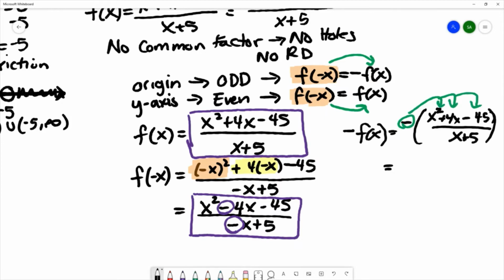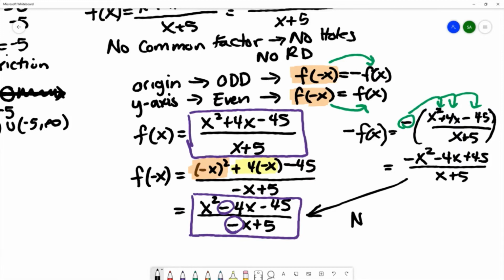If that happens, you would have negative x squared minus 4x plus 45. And that's not the same as this right here. And so it doesn't fit into either category of being even or odd. So we're going to say that this function has no symmetry.